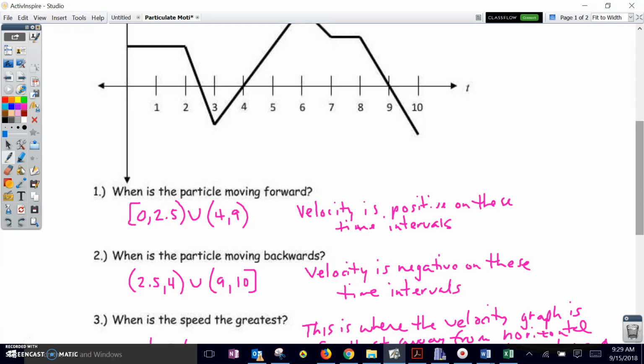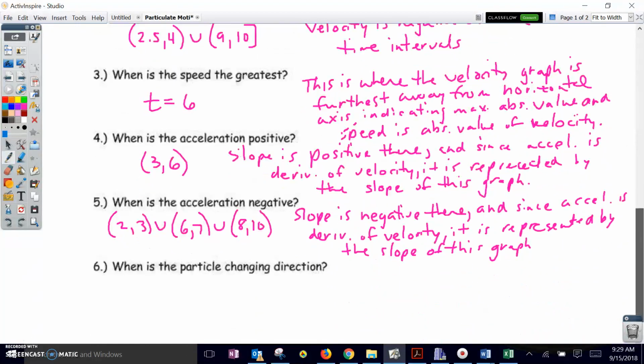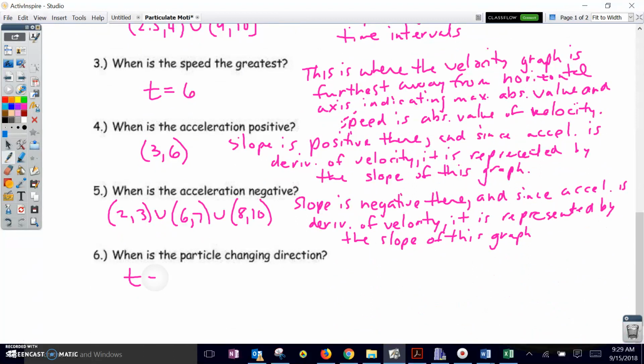So whenever the graph crosses through the horizontal axis, those are going to be the times when the particle changes directions based off of this velocity graph. So we've got time 2.5, 4, and 9. T equals 2.5, 4, and 9.